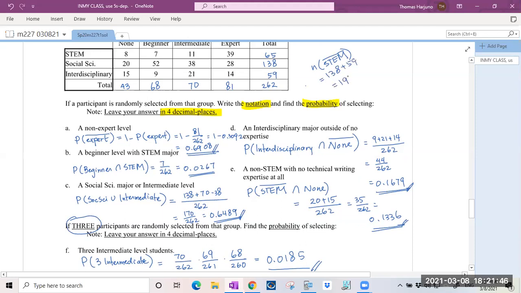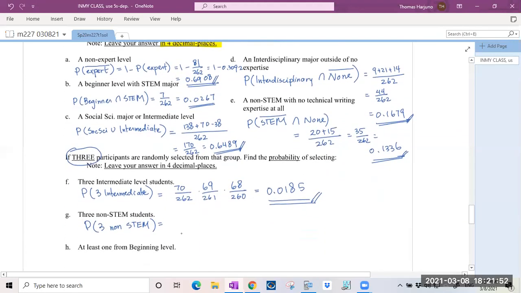That's 197. So the first person not in STEM, 197 over 262. The second person also not in STEM, 196 over 261. The third person not in STEM, 195 over 260.